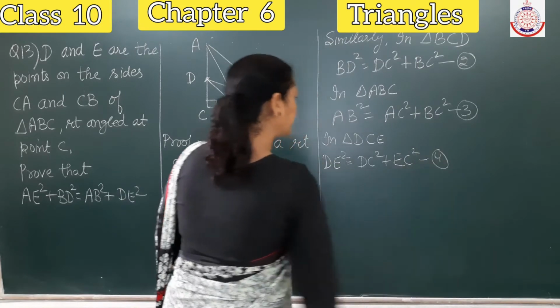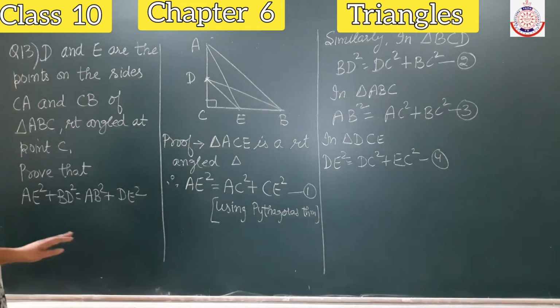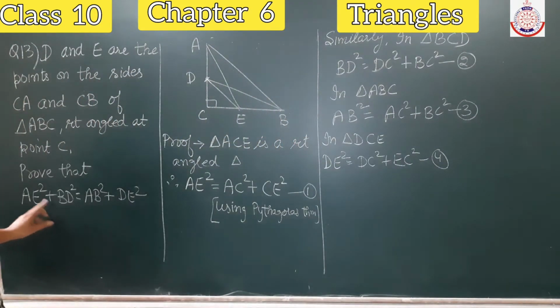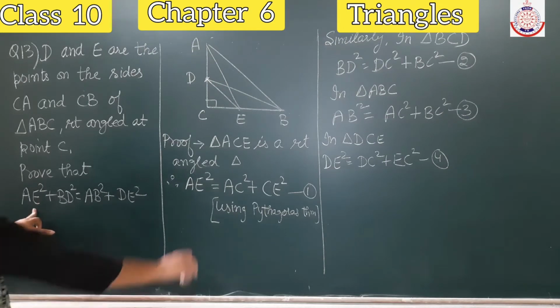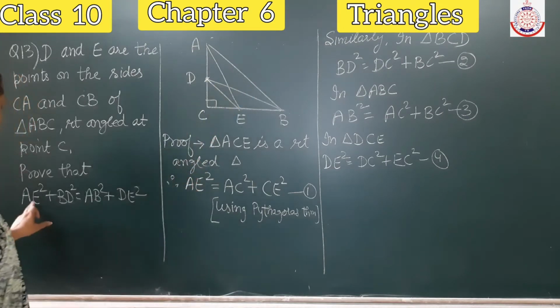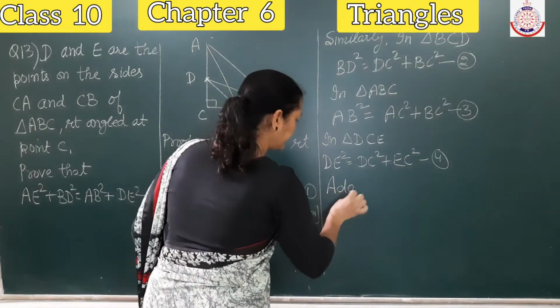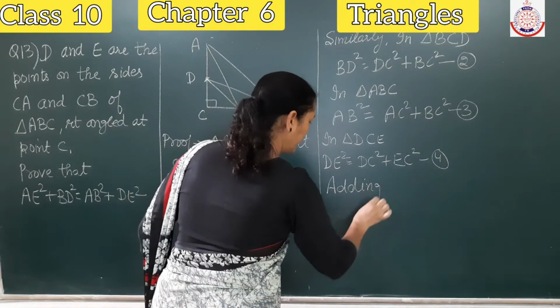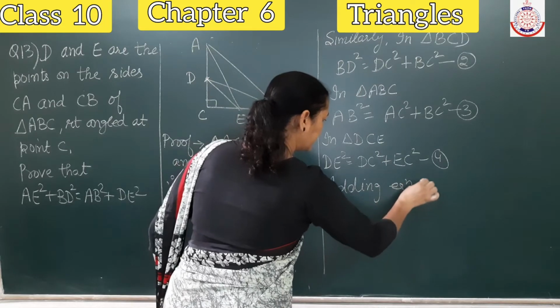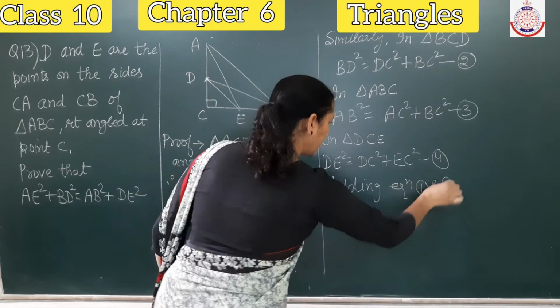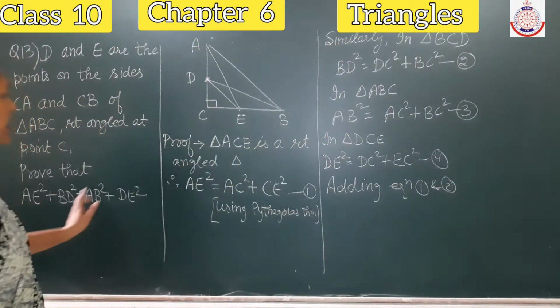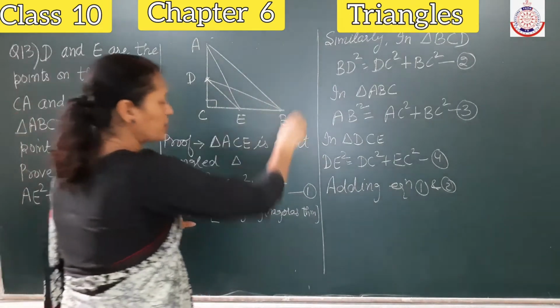Equation number 4. Now, as per the requirement of the question, we need to add equation 1 and 2. So, if we add equation 1 and 2, on the left hand side we will be getting AE square plus BD square.